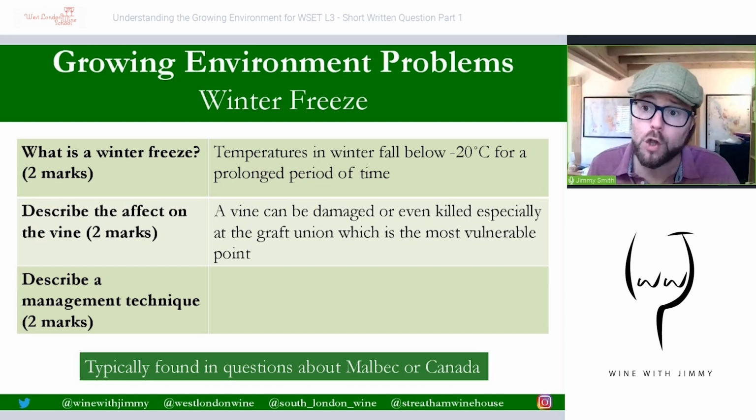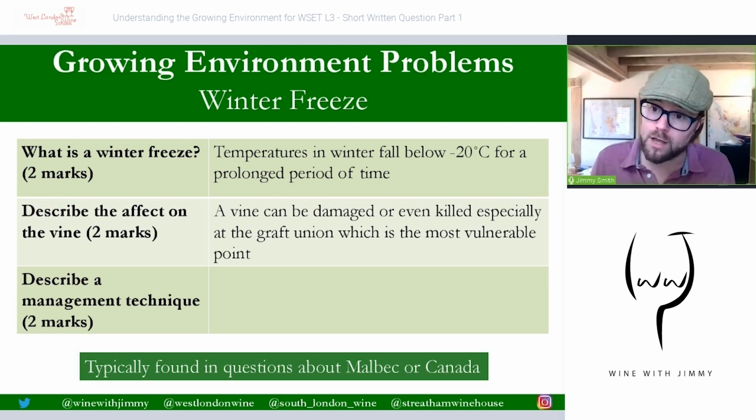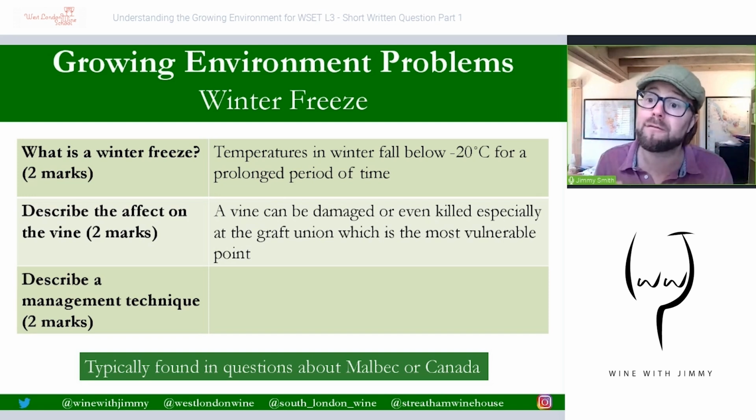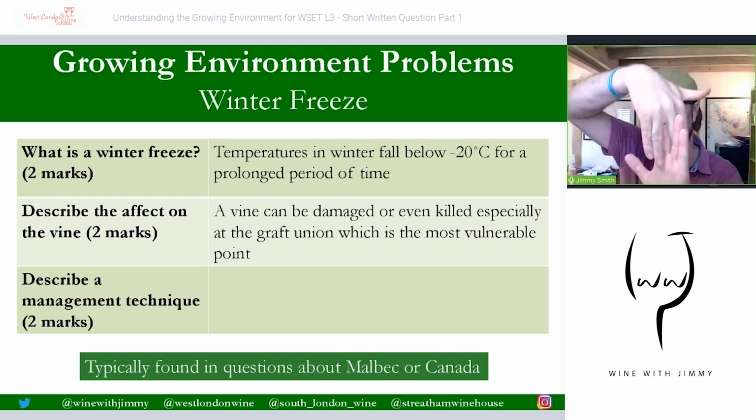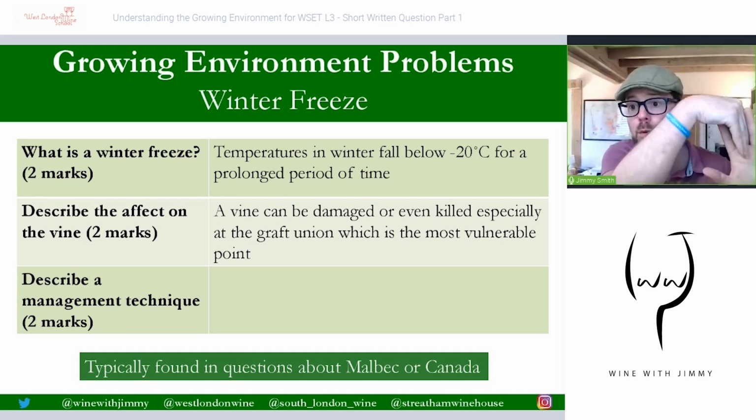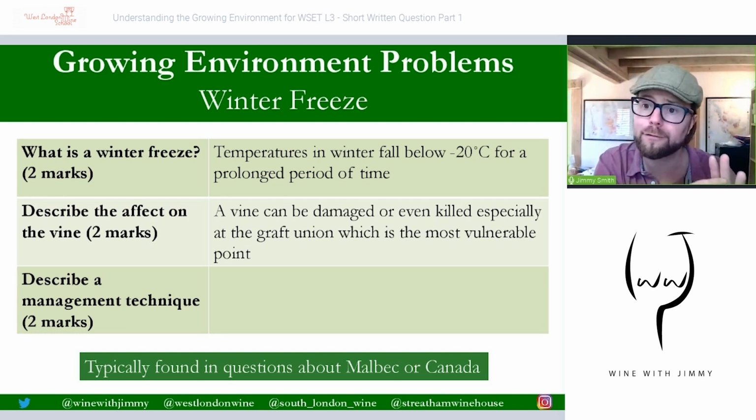The graft union is the part of the vine which connects the rootstock to the scion. That's the root, which is normally American species, to the scion, which is normally the Vitis vinifera. And they are connected together with a bit of woodwork. That's what we call a graft union.